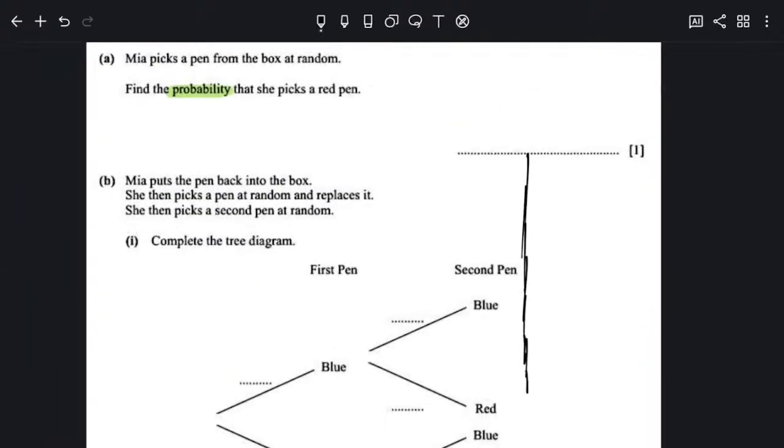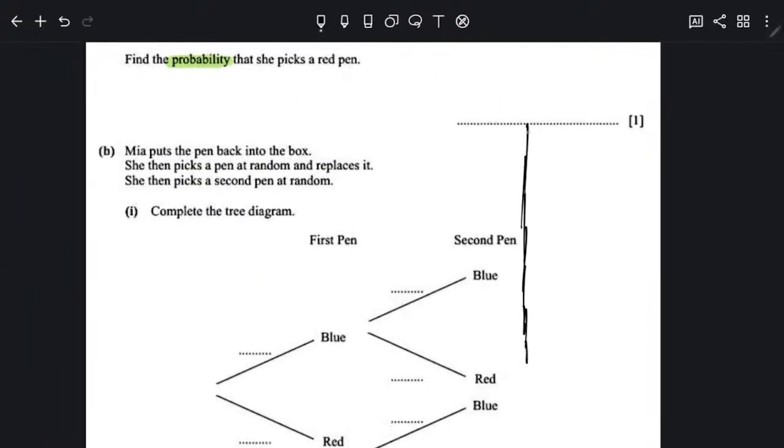Okay. The moment we see the word probability, we put what we know about it. We trust our knowledge. Probability of any event is equal to the number of successes over the total number of trials.